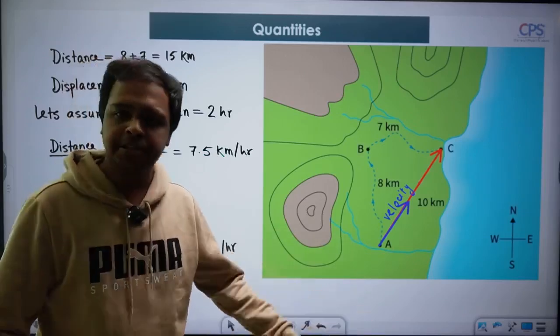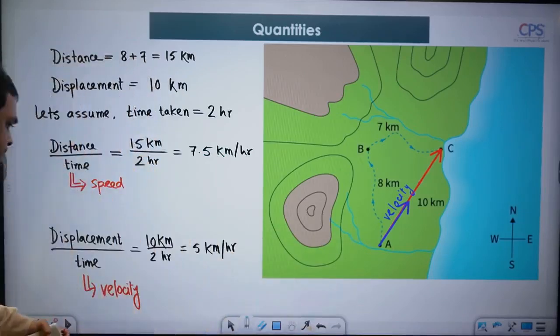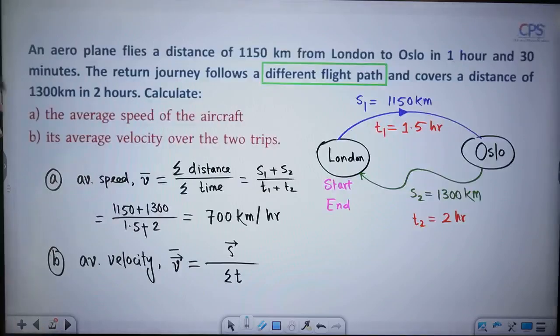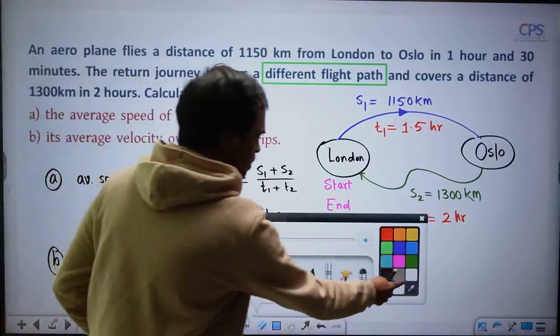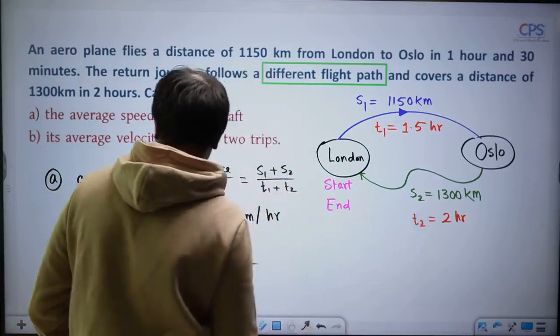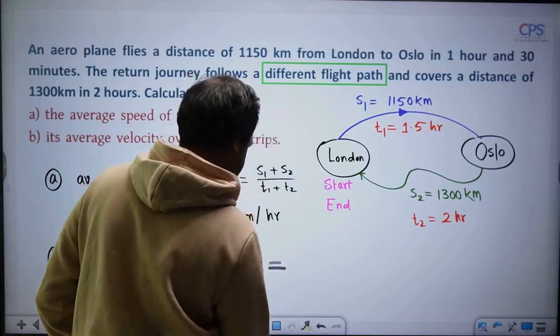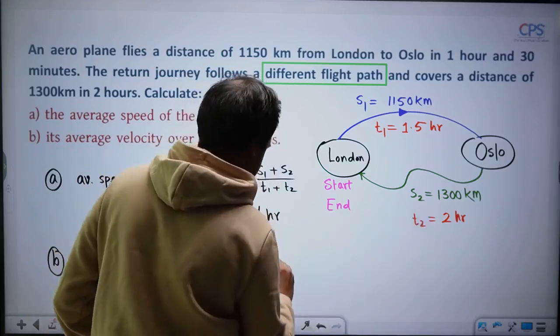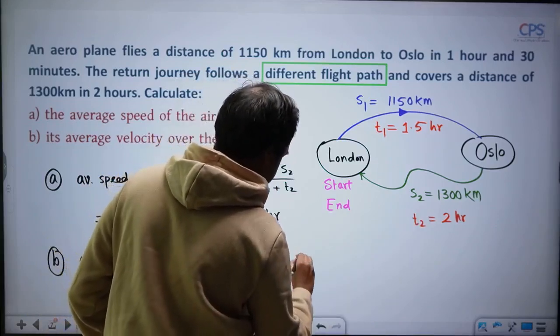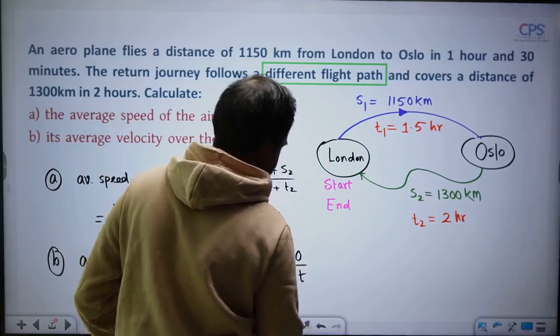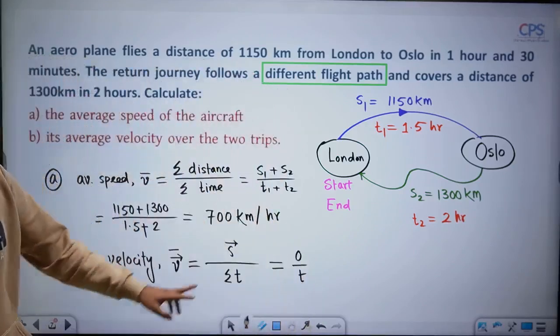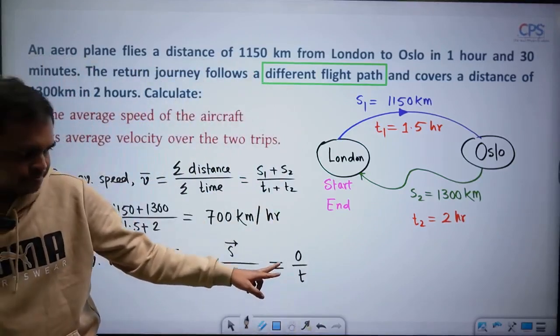We are ending at the same position. That's why the displacement will be 0 here. It will be a nice 0, divided by the total time.